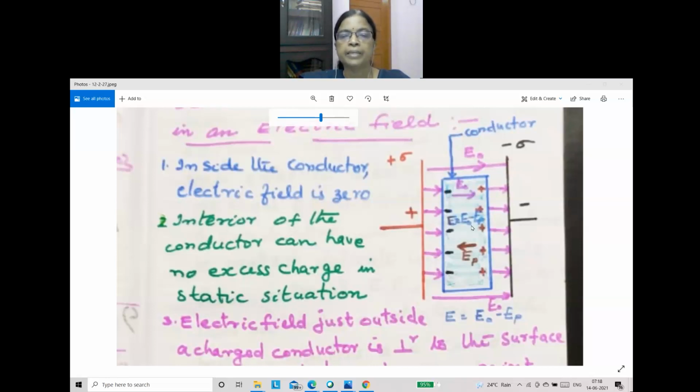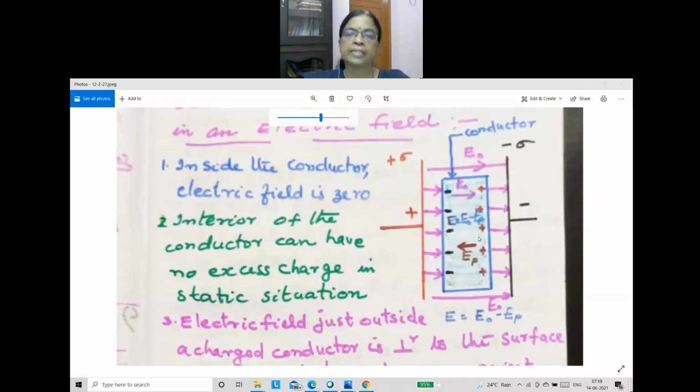And you know, until what time does this rearrangement of charges or flow of electrons take place? Will it continue forever, or will it stop after some time?